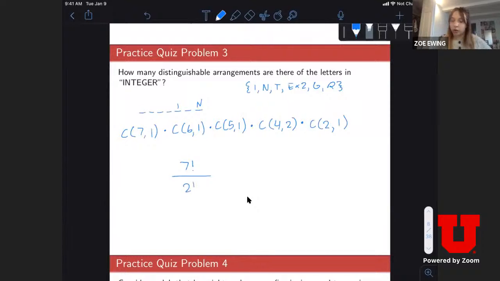Actually, that should be 2 factorial, which is the same as 2. But for example, if there were 3 R's, then we would do 3 factorial for 3 R's. And both of these are going to come out to 2520. Okay, are there questions on either of those possible solutions?